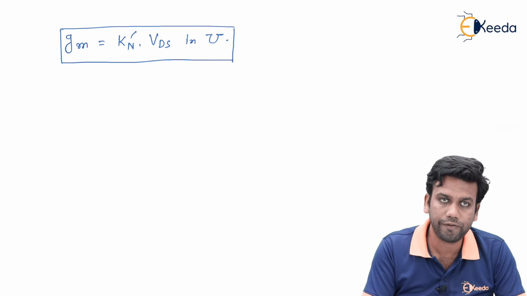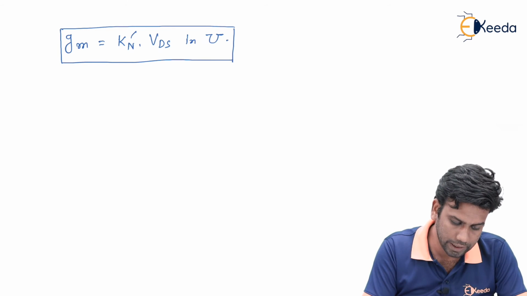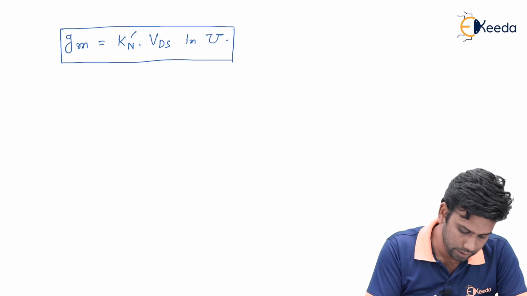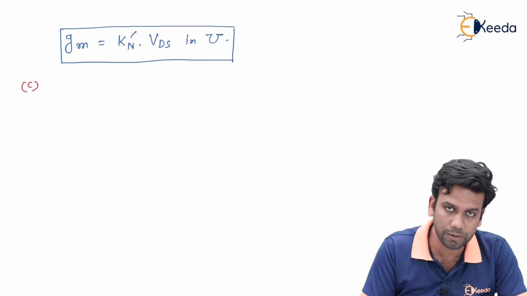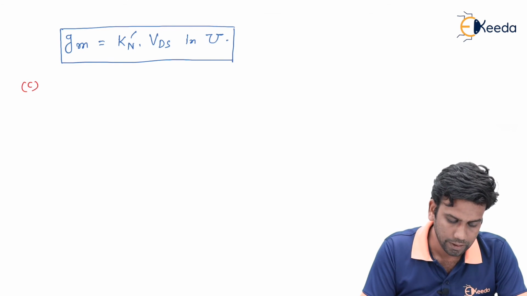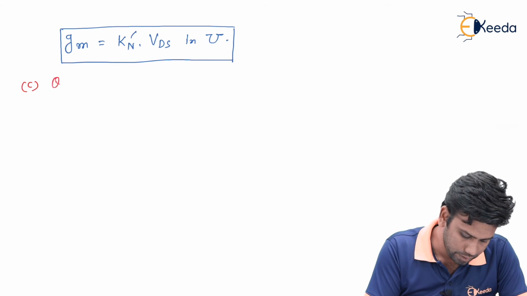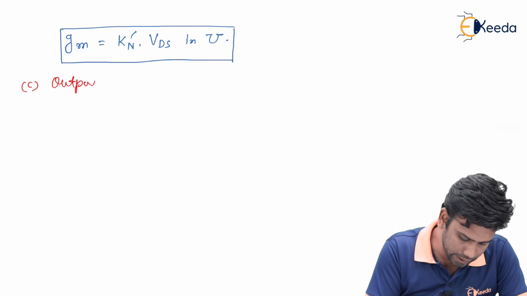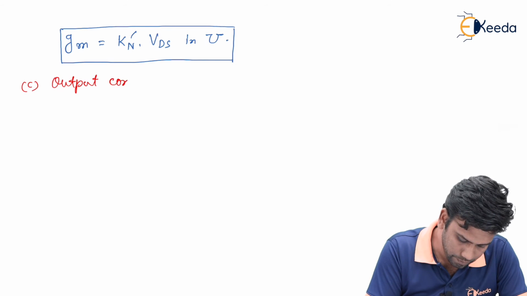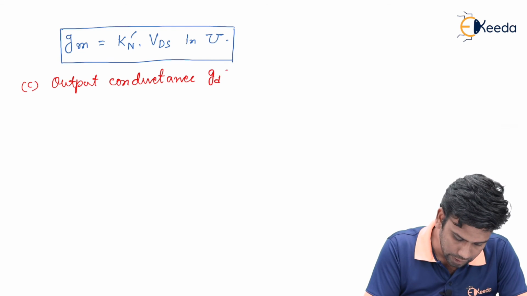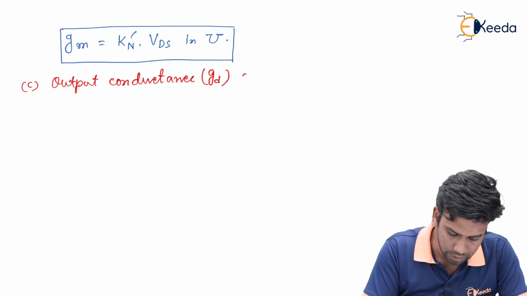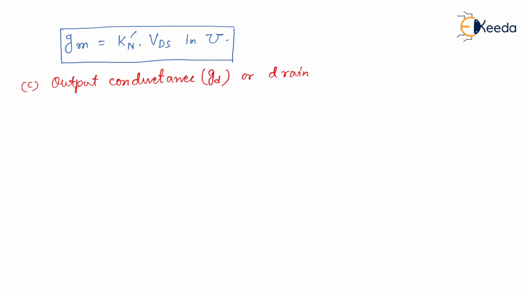Similarly, we can find the value of the output conductance GD. So, this is the third parameter that can be defined from the ID equation in the triode region. So, the third parameter is the output conductance. It is denoted by GD, or it is also called the drain conductance.